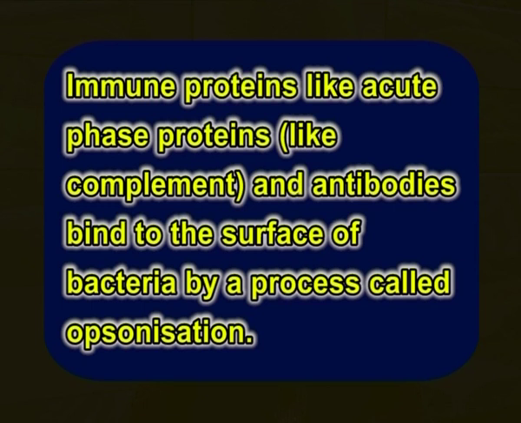Next, let us see how this goes via phagocytosis. The bacteria may also be killed by phagocytes. Immune proteins like acute phase proteins, complement and antibodies bind to the surface of bacteria by a process called opsonization. Opsonized bacteria are therefore coated with molecules that phagocytic cells recognize and respond to.